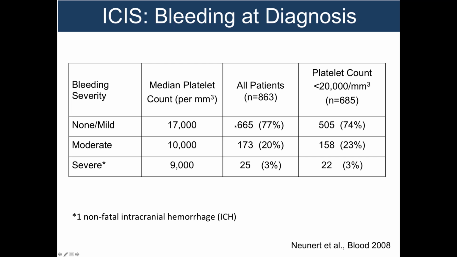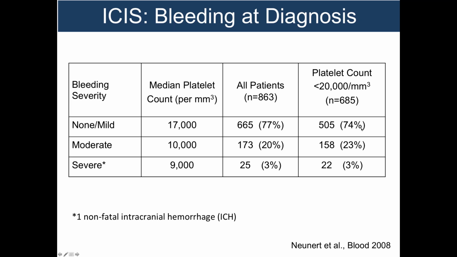And that data is shown a little bit differently here, but just to emphasize the point that if we looked at all patients, irrespective of their presenting platelet count, 77% had no or mild bleeding. And then if we look again at the group that might be considered by some to be more severe in their thrombocytopenia using a cutoff of 20,000, we see that number doesn't really change very much.